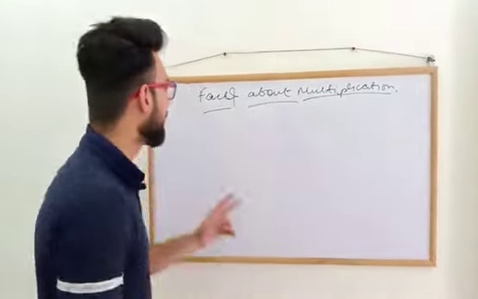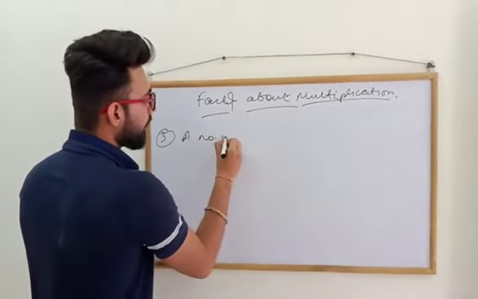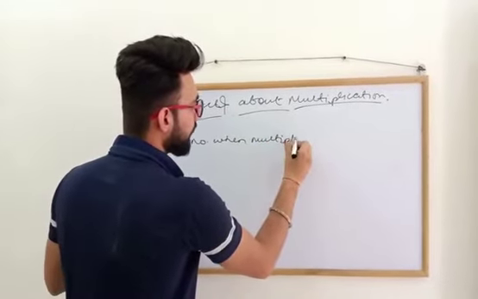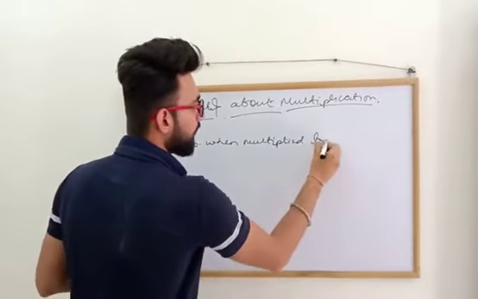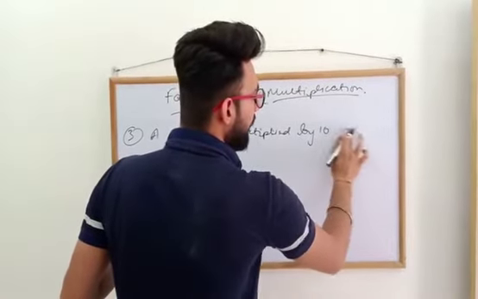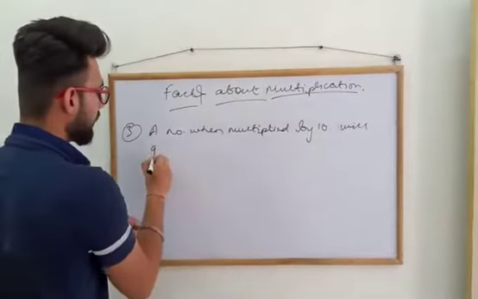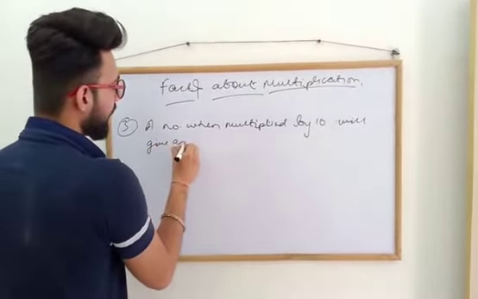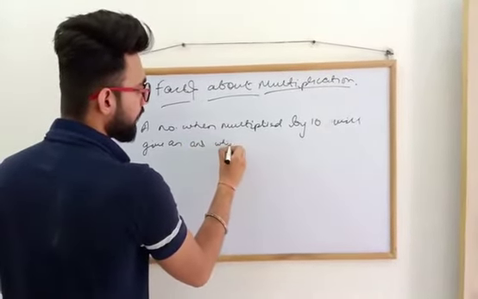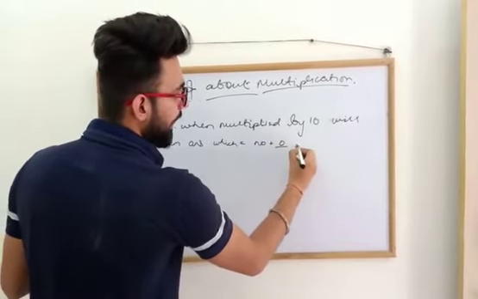I'll tell you what it is. A number when multiplied by 10 can and will give an answer which is equal to the number plus 0 at the end.